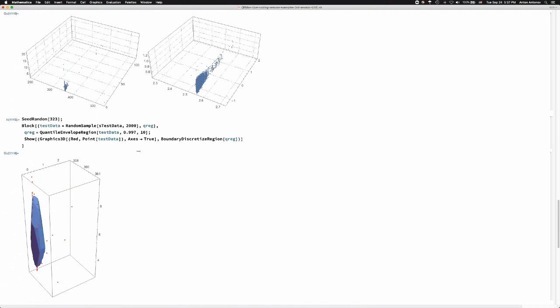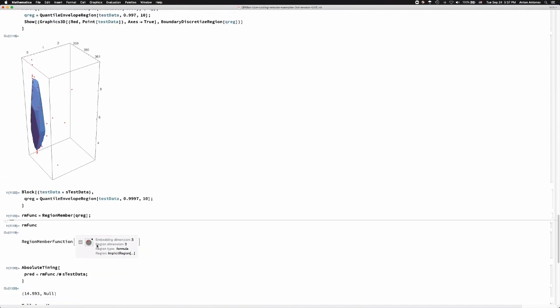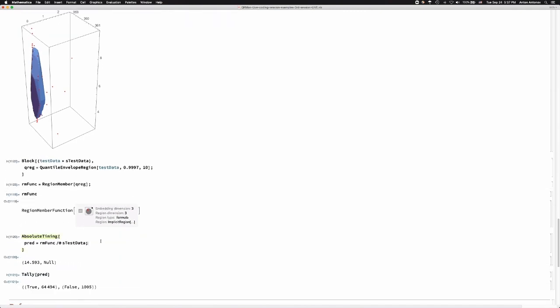So what I'm going to do here is tighten up this function, the probability threshold. I'm going to recompute this again, and this is going to produce presumably at least half as many points. Well, nearly 10 times fewer outliers.